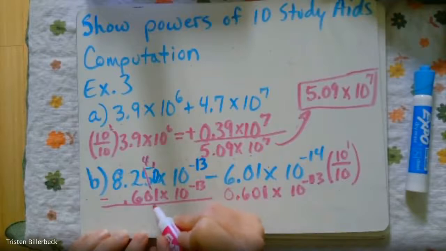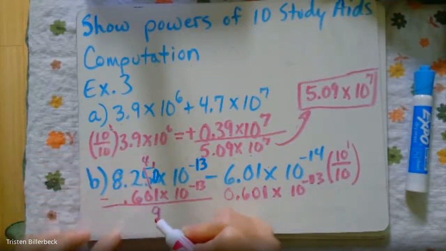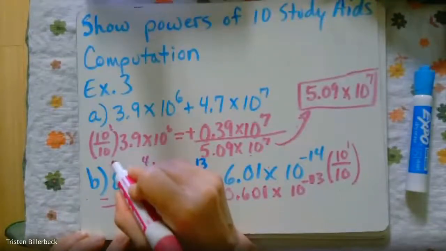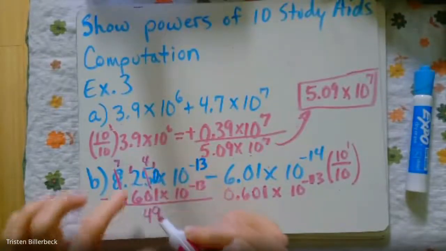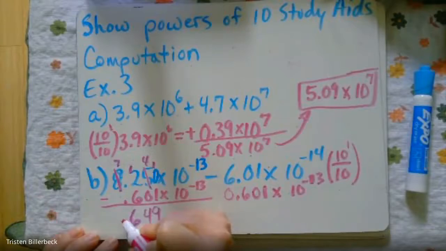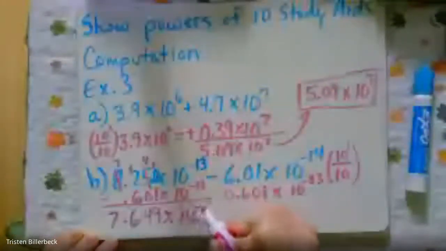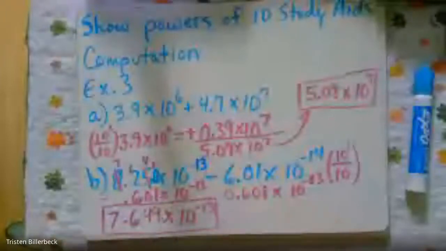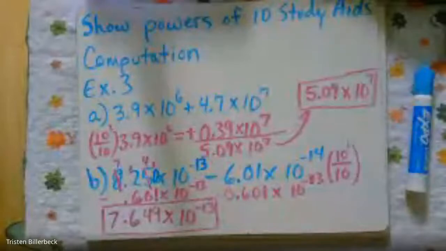So 10 minus 1 is 9. 4 minus 0 is 4. I need to carry 1 from here. 12 minus 6 is 6. And then I have 7. And then that would just be 10 to the negative 13. So that would be my final answer.